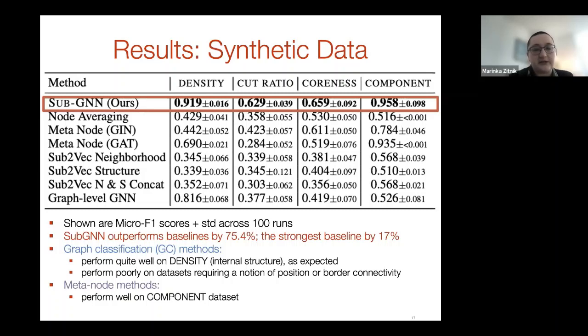In particular, it's important to note that SubGNN outperforms graph level classification methods that think of subgraphs as just separate graphs and cannot capture any relationships between subgraphs, as well as methods that are based on introducing metanodes to represent subgraphs, which is detrimental because it discards information on the bordering structure of subgraphs.